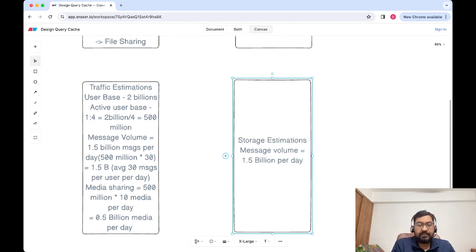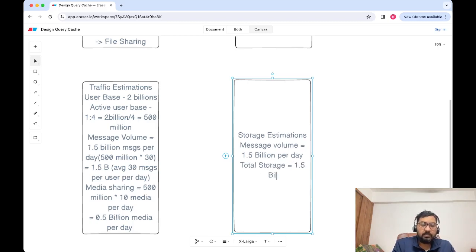Okay, and then the total storage would be, if we consider this 1.5 billion, and in storage we are assuming every message is going to take maybe 50 KB of space.